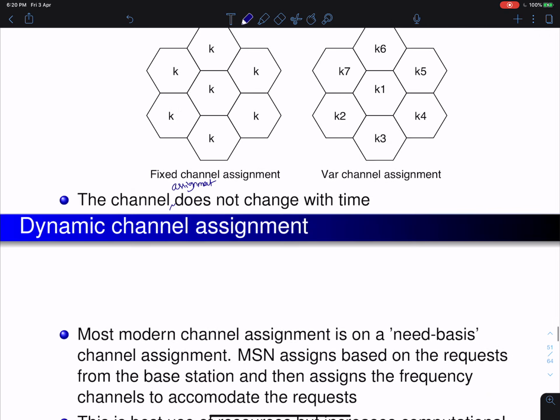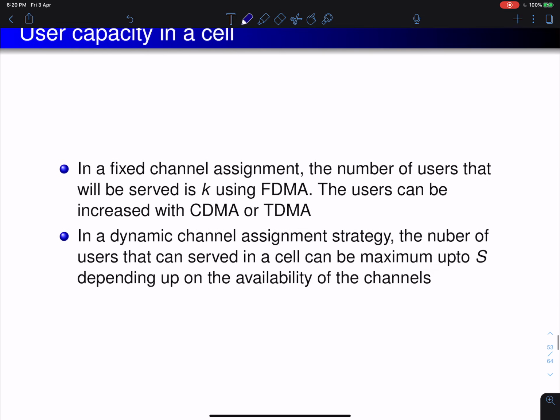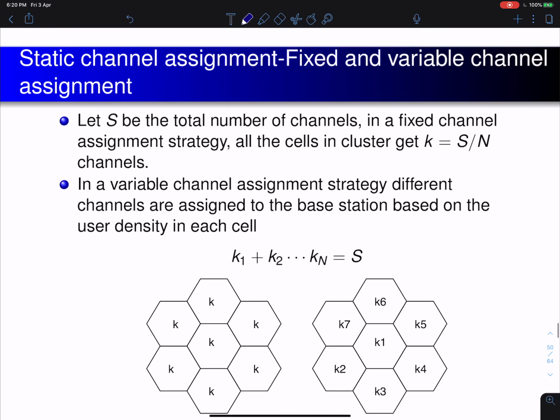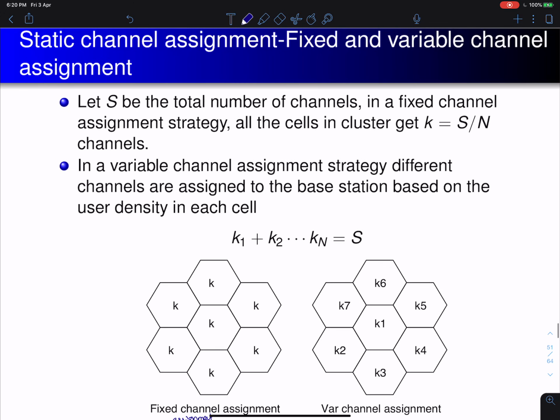Now, this is again a very important problem. We'll talk about channel assignment strategies. How do you assign channels in the given cells? We said once you know the cluster size N, you have S number of channels.